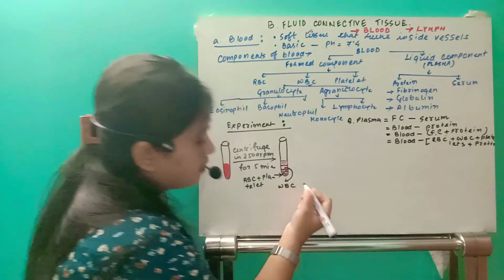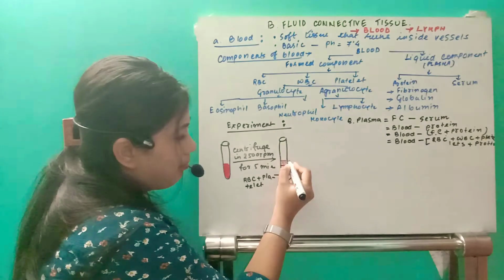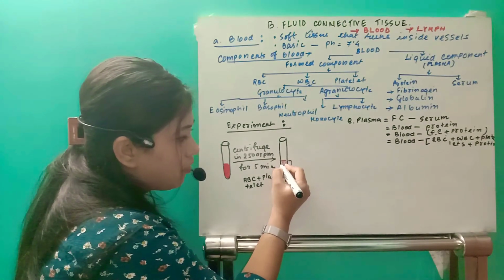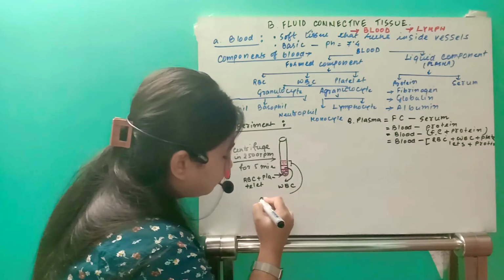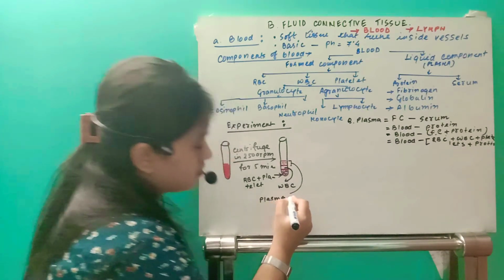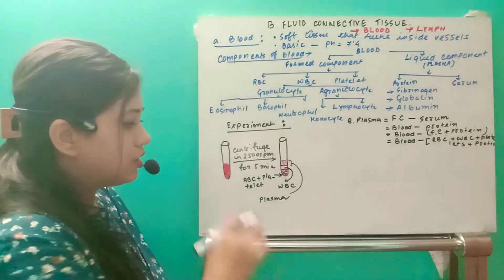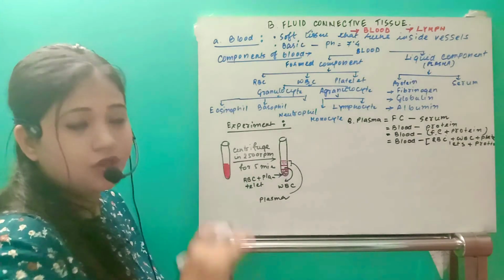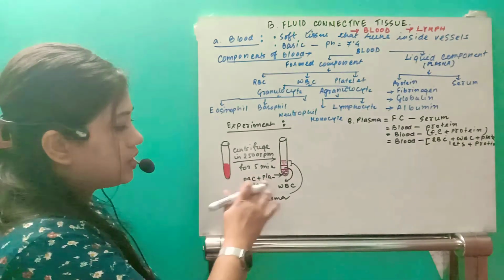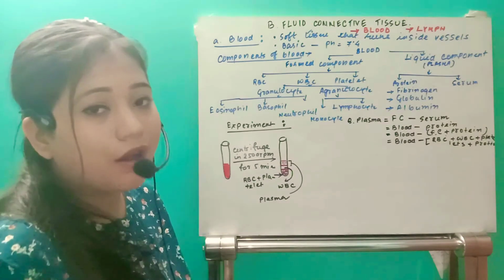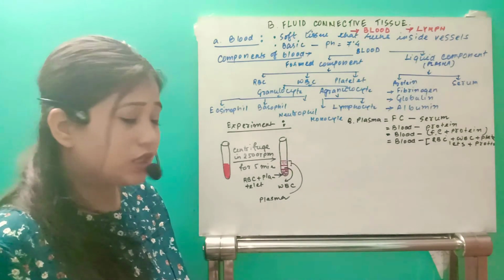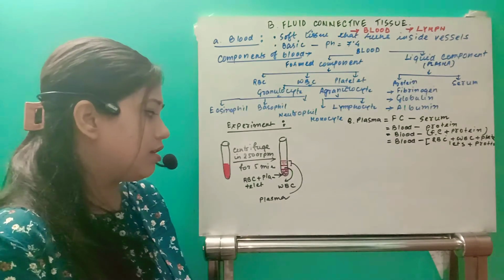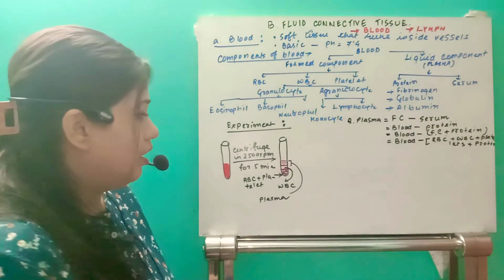It will be WBC. And above there will be a yellowish layer. What is that? That is known as the plasma. So this way we have three layers. Towards the bottom you are going to see RBC and platelets, above that WBC, and above that a liquid, yellowish in color, known as the plasma.